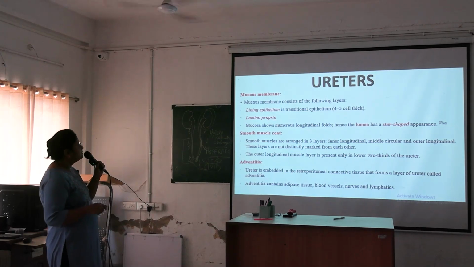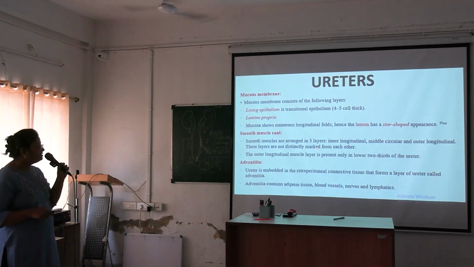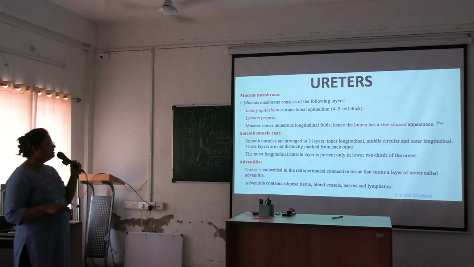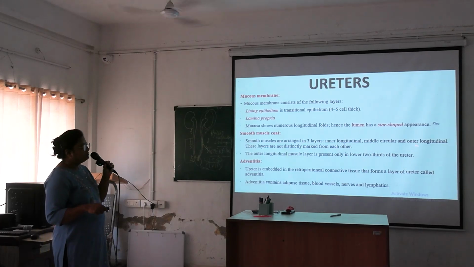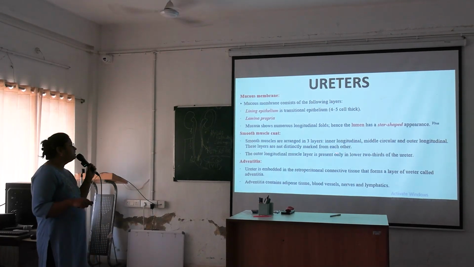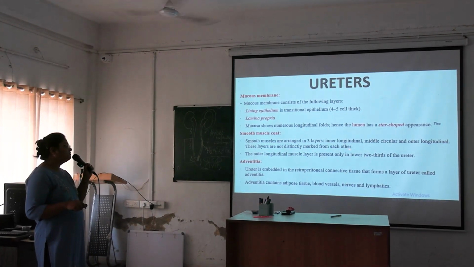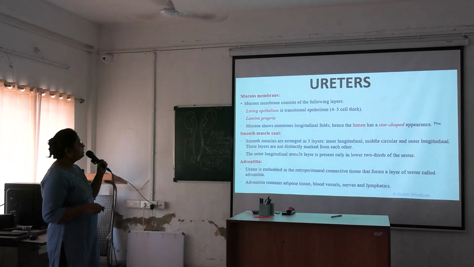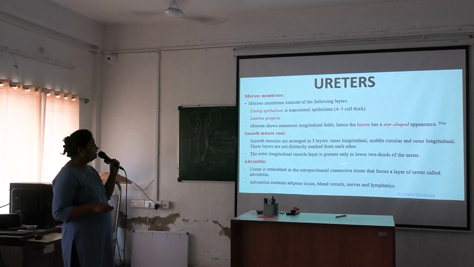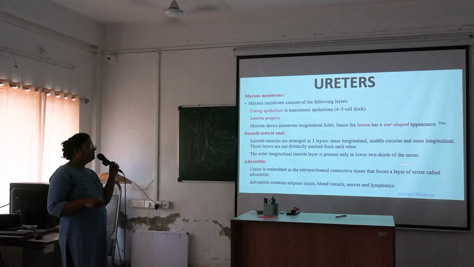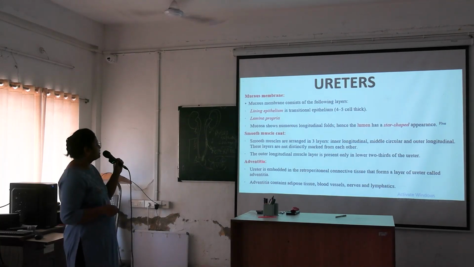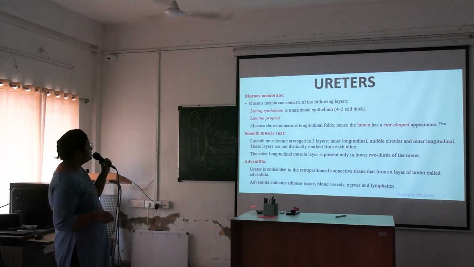Smooth muscle coat. Smooth muscles are arranged in three layers: inner longitudinal, middle circular, and outermost longitudinal. And these layers are not distinctly marked from each other. The outer longitudinal muscle layer is present only in the lower two-thirds of the ureter. Next is adventitia.